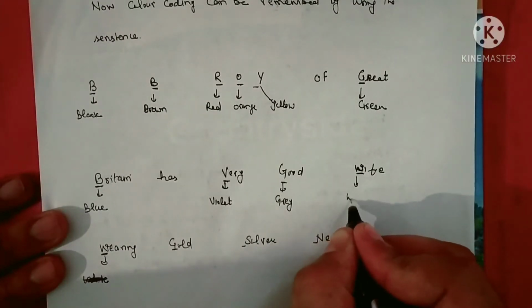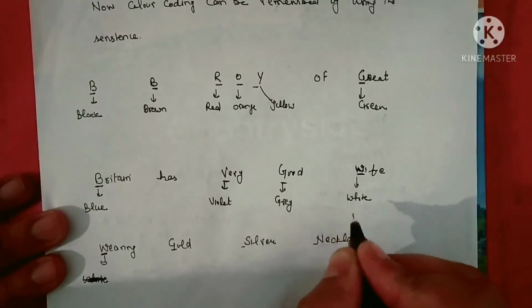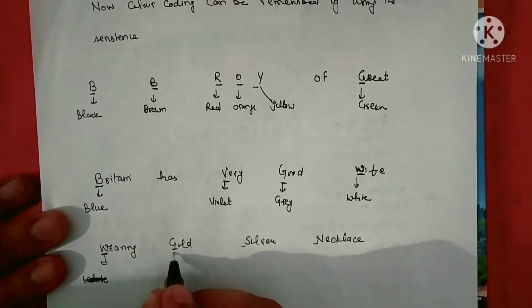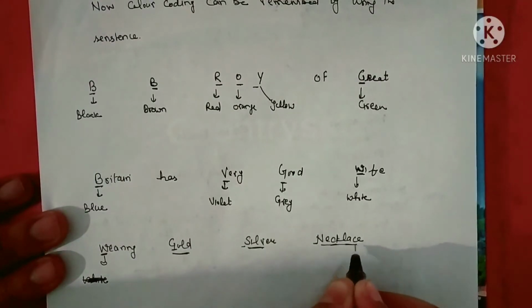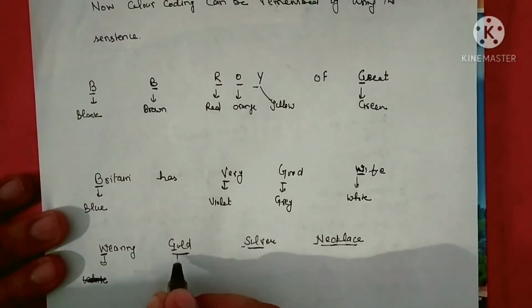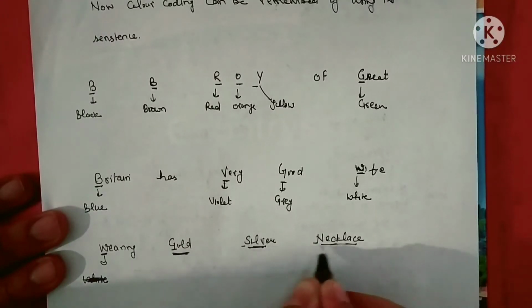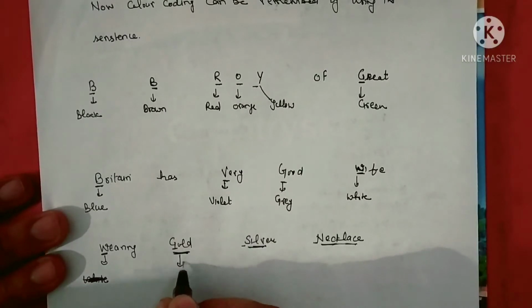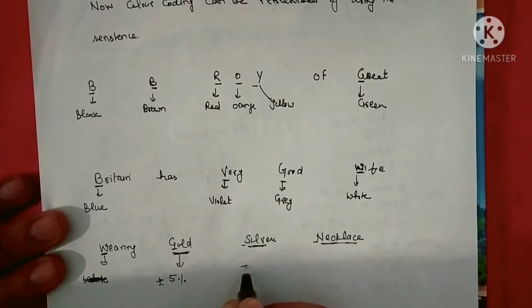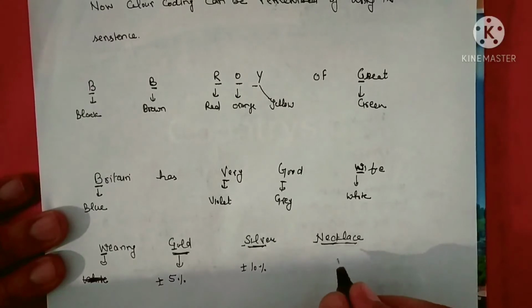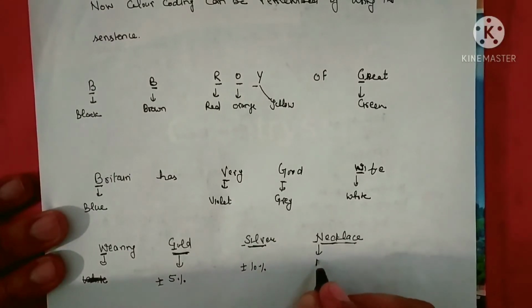W for white, wearing gold, color gold, silver, necklace. These are the last fourth colors, gold, silver and necklace. They will decide the tolerance. If fourth color is gold, then 5% tolerance, plus minus, then silver 10%, and if necklace, no color.